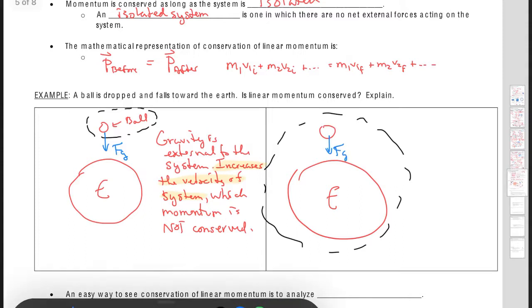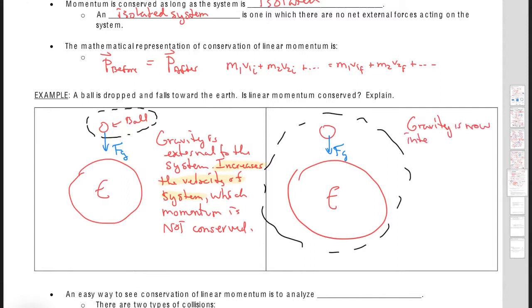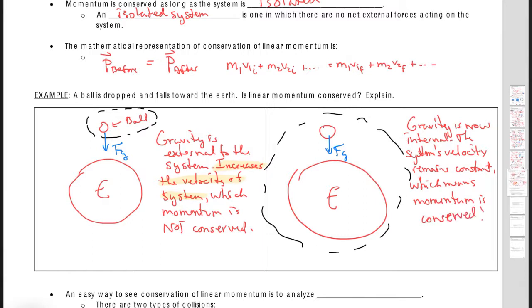Note what happens to gravity: gravity is now internal to my system, which means there's no push or pull coming from the outside, which means the system's velocity remains constant, which means momentum is conserved. Momentum is conserved!